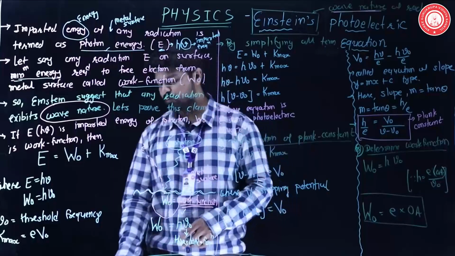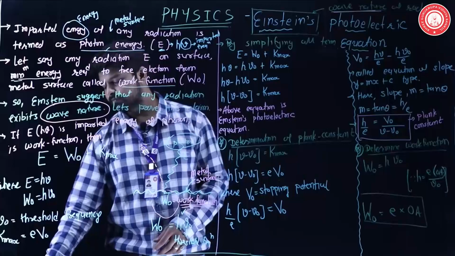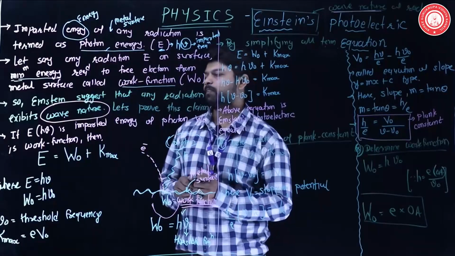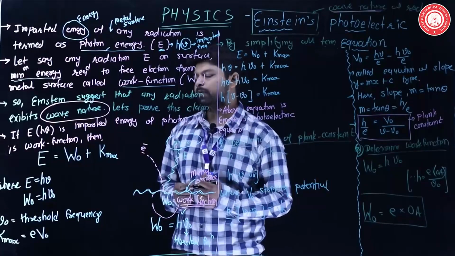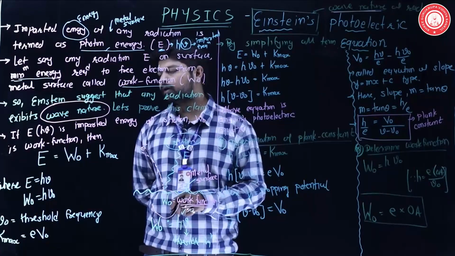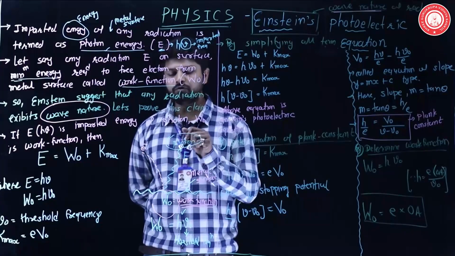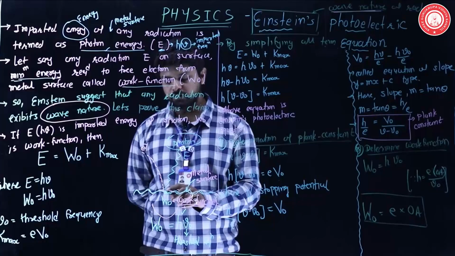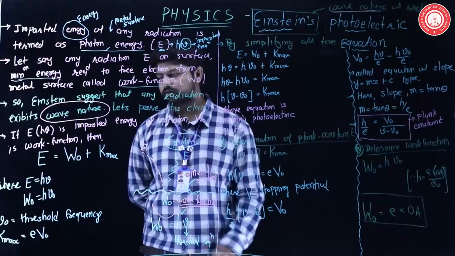We would like to prove this equation by using some assumptions and some formulas. If E is imparted energy, as you can see over here, E is my imparted energy of photon, W0 is my work function.